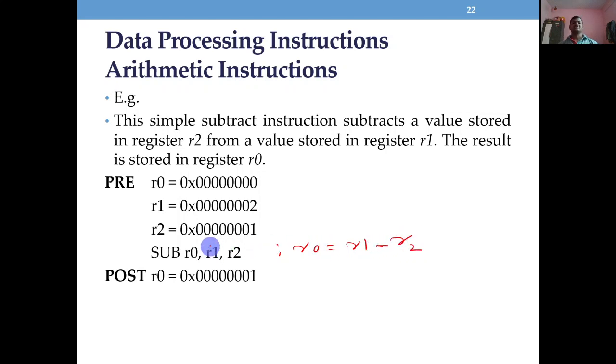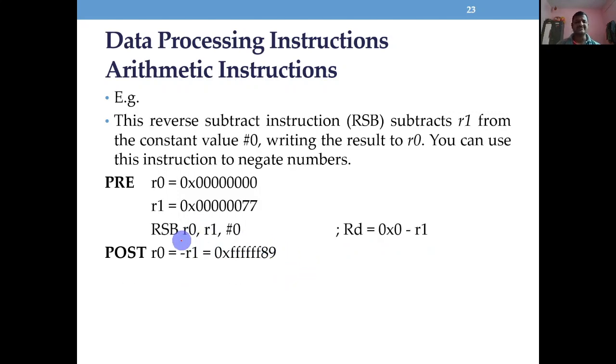The middle operand has the third operand subtracted from it, and the result is stored in the first operand, R0, which is hexadecimal 1. This indicates hexadecimal 0x; we discussed this in the morning.